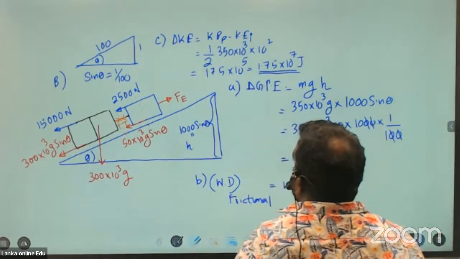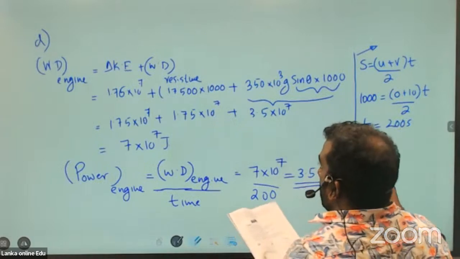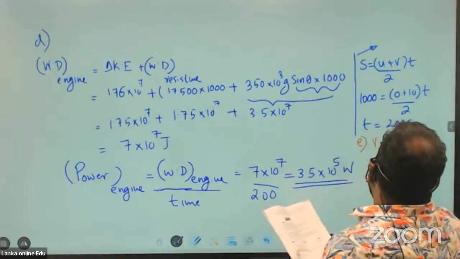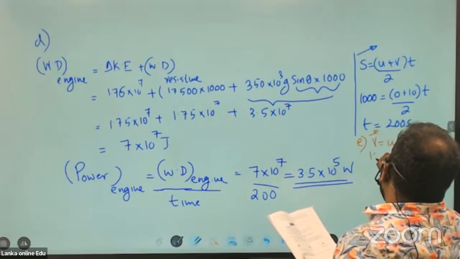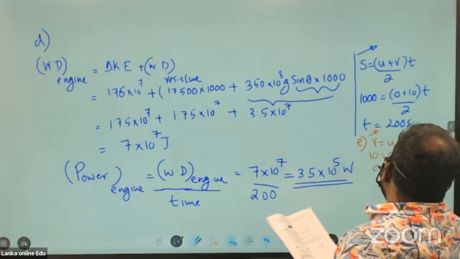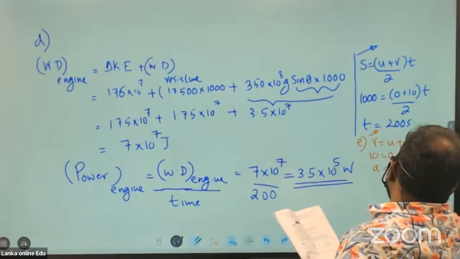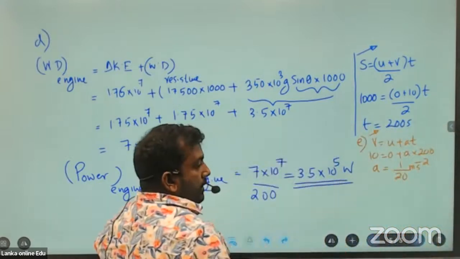That's going to be part E. Let's find the acceleration. Starting from rest, time taken 200 seconds, acceleration is 1 over 20.